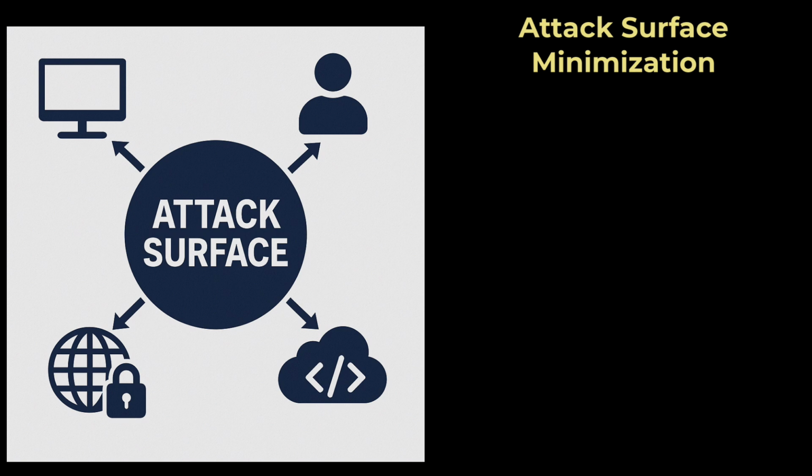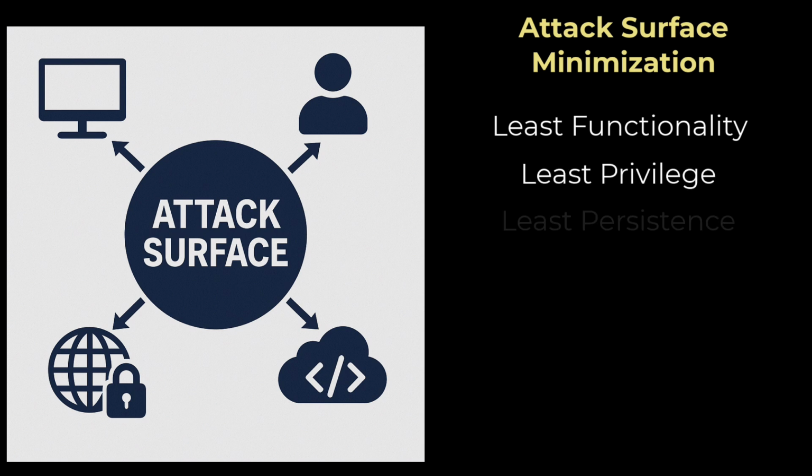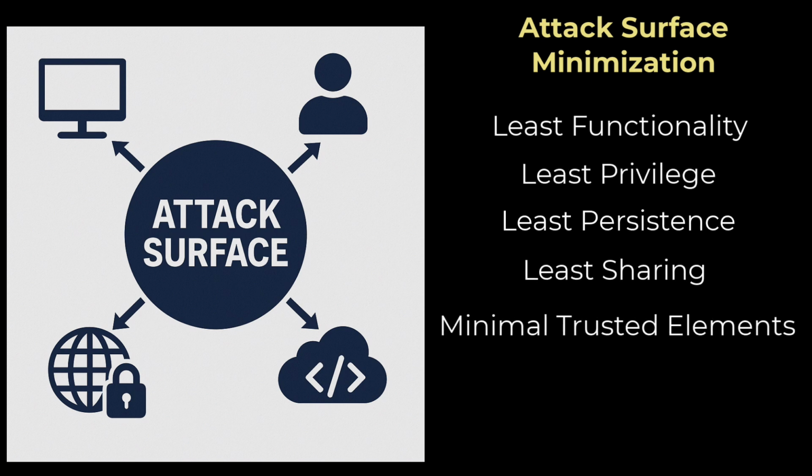By eliminating unnecessary elements, we reduce opportunities for attackers. NIST includes several least principles, long-standing pillars of secure design, exactly for this purpose, including least functionality, least privilege, least persistence, least sharing, minimal trusted elements, and minimized detectability.